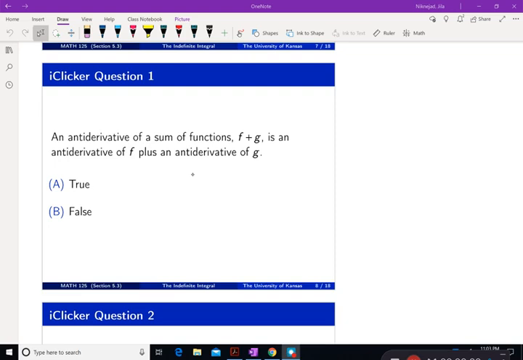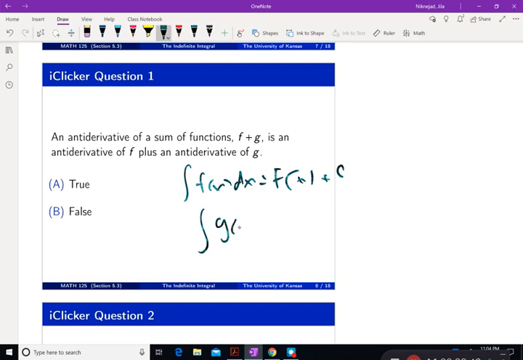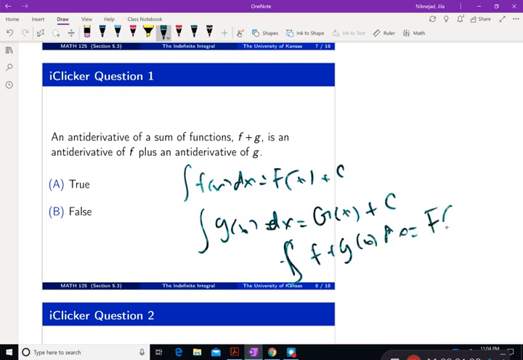So let's say the antiderivative of f is the capital F, one antiderivative, and the antiderivative of g is capital G. Then this is asking, is the antiderivative of f plus g, f of x plus g of x, an antiderivative of f plus g?